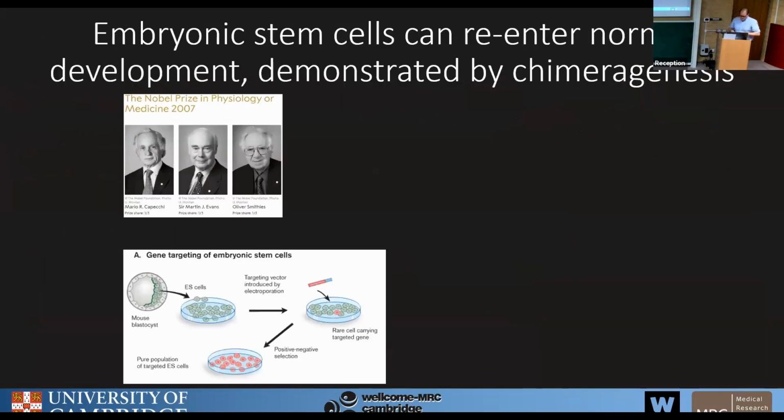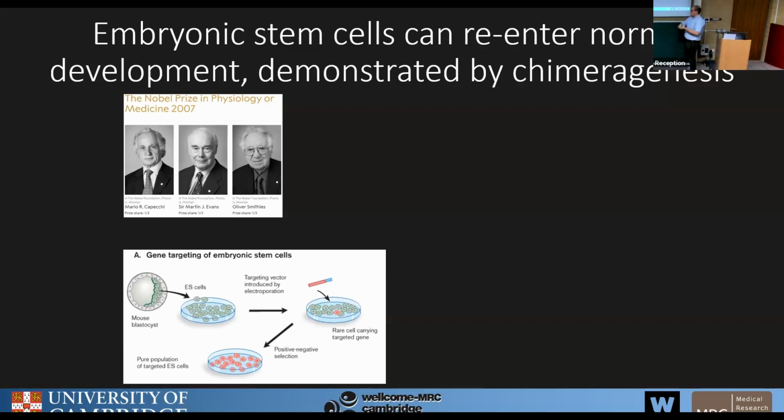So the last little bit of information that I need to give you before we dive into some modeling and some experiments is this idea of chimeragenesis. These three gentlemen spent a lot of time developing the methods for generating transgenic mice. By doing so, they showed that embryonic stem cells have the ability to re-enter normal development, as demonstrated by chimeragenesis.